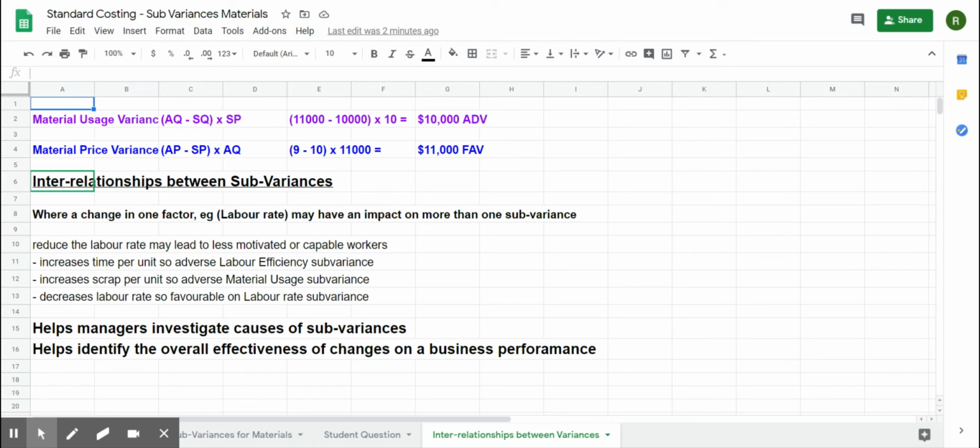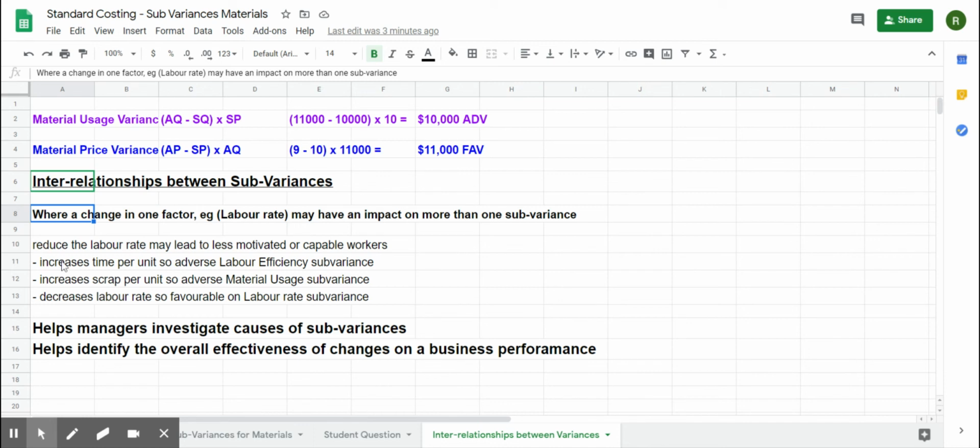Okay, but what we're looking at, for example, is where we change one factor, e.g. the labour rate, we pay people less and we get lower quality workers. And this may have an impact on more than one subvariance. So if we reduce the labour rate, we may either have less motivated or less capable workers.